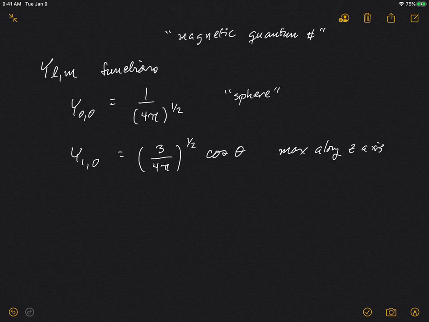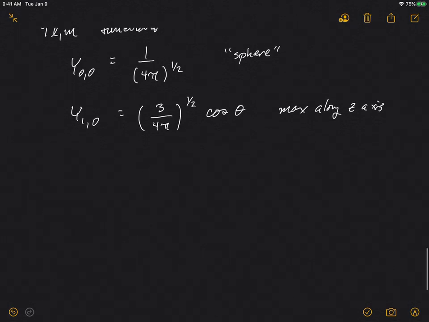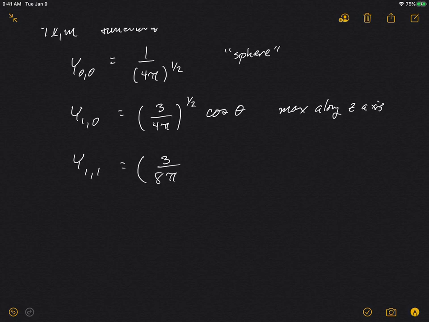That'll be something to think about. Okay, so then our Y11 is 3 over 8 pi. And this normalization constant is not so important, right? It's going to be important in maybe calculating expectation values, but it's not so important for things like energy.